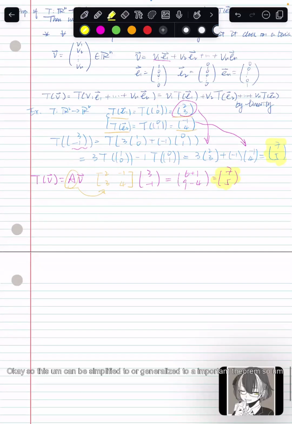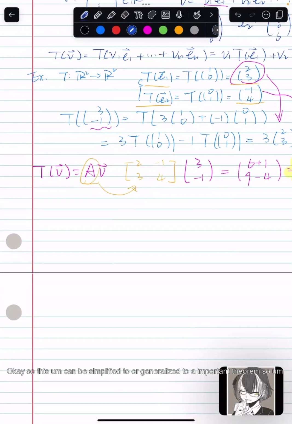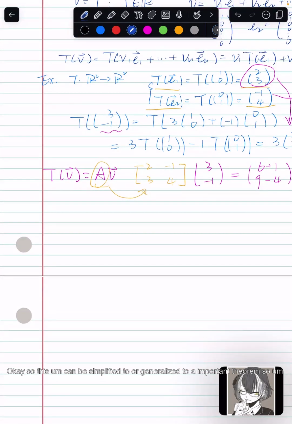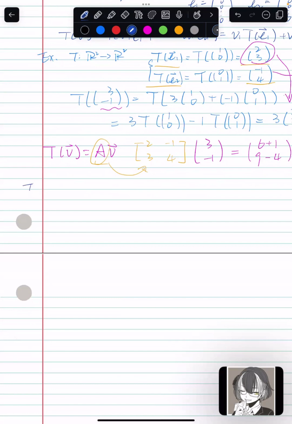Okay, so this can be simplified or generalized to an important theorem. I don't know if it's a theorem or proposition, but here it is.